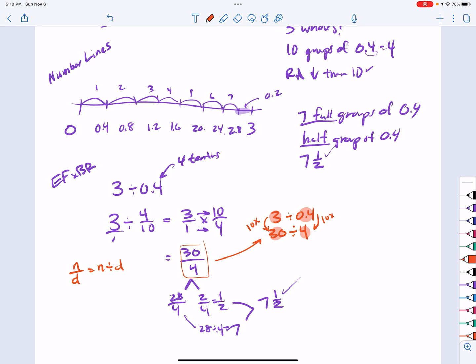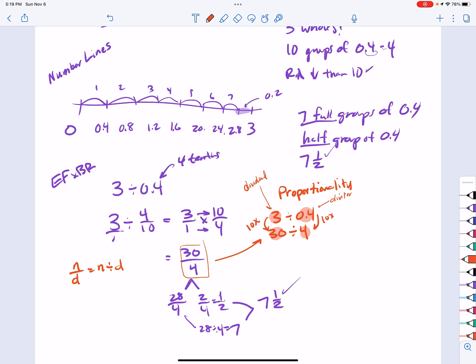So this brings up this idea of proportionality, where with division, if we multiply our dividend, remember this is our dividend, and our divisor, this is our divisor, by the same number, by 10, we're going to have a proportional answer that could be easier for us to solve.